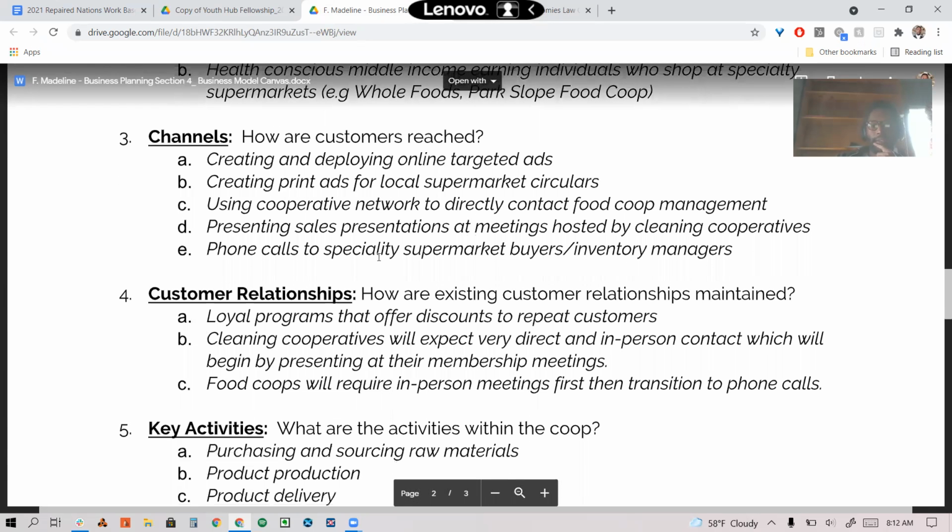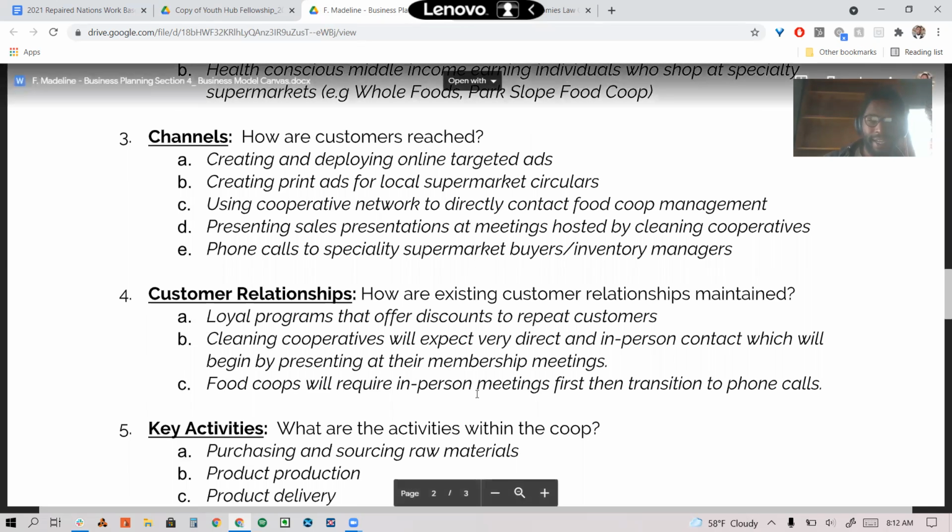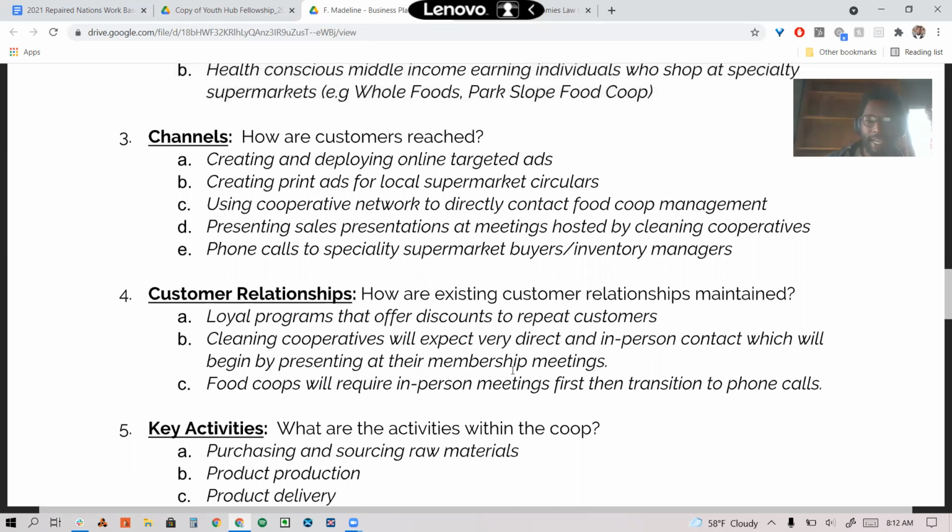And so some of the examples that are here: loyalty programs, offering discounts to repeat customers, for cleaning cooperatives, being very direct and having in-person contact, and then in-person meetings for food co-ops.